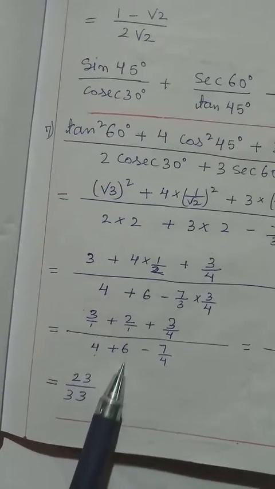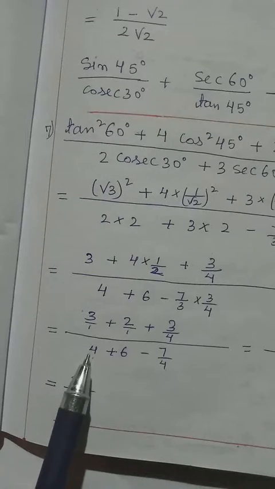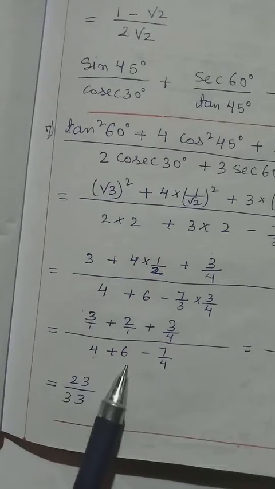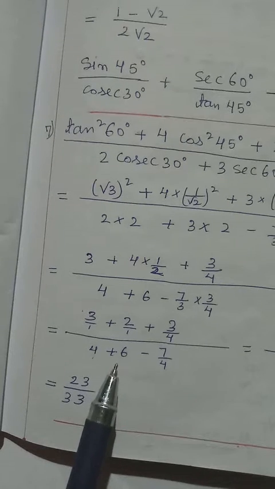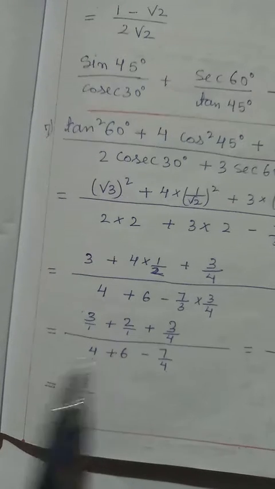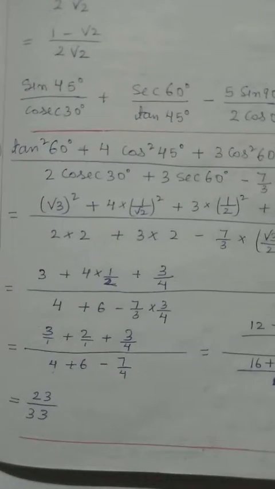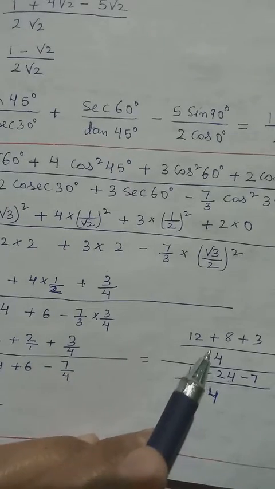Then in the denominator also, 1 and 4, LCM will be 4. So we will get to know 1 divide 4 will be 4. 4 into 4, 16. Oh, sorry, 4. So 4 into 6 will be 24. Then 4 divide 4, 1. So it will be minus 7. So both numerator and denominator, LCM is 4.